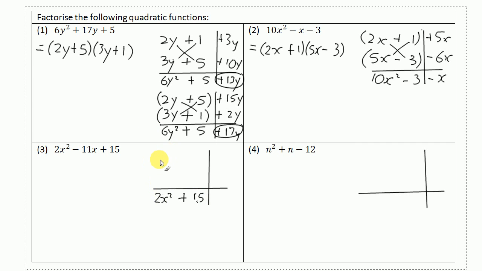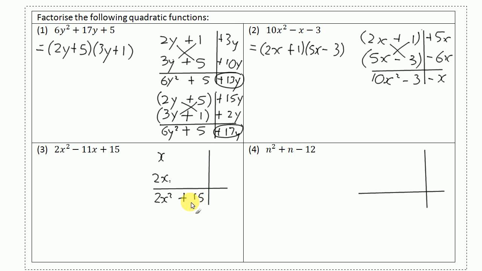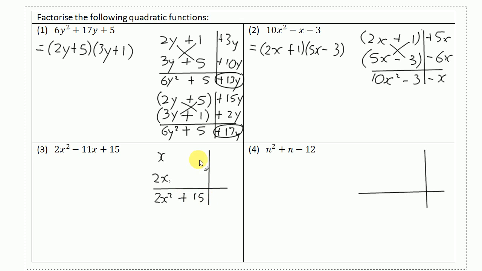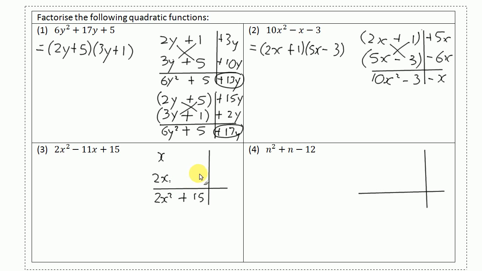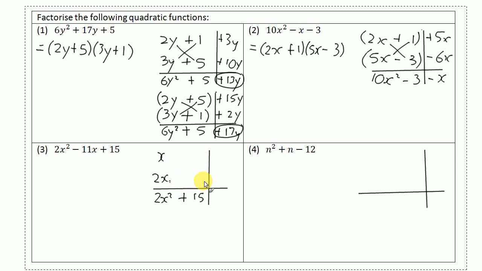Now 2x squared can be a product of 1x and 2x. Now 15. To get positive 15, you can multiply plus 3 and plus 5. Or it can be negative 3 and negative 5.